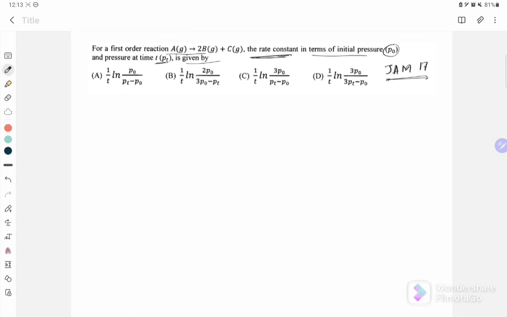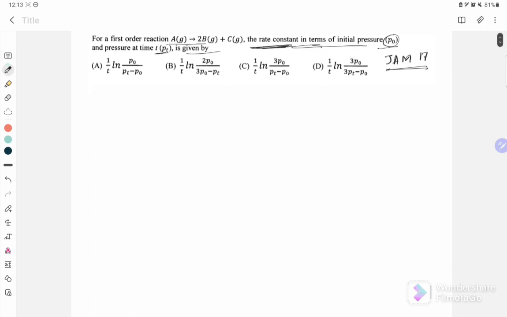Okay, so the first question is a first order reaction A to B plus C. The rate constant in terms of initial pressure P0 and the pressure at time t, Pt, is given by which equation? We have to calculate the rate constant.